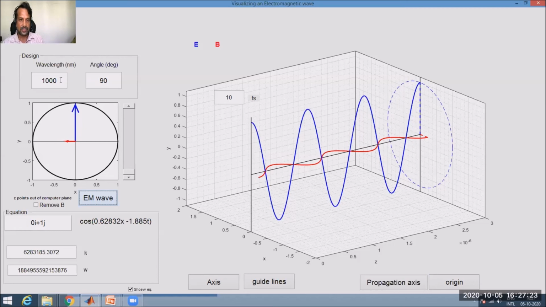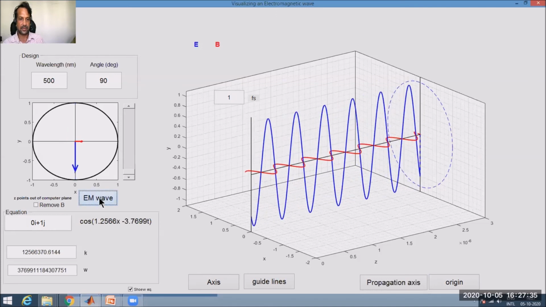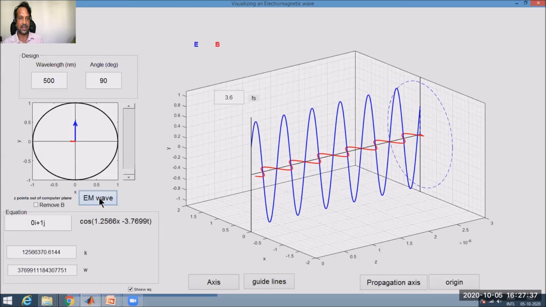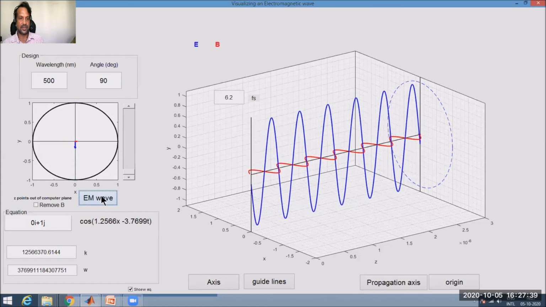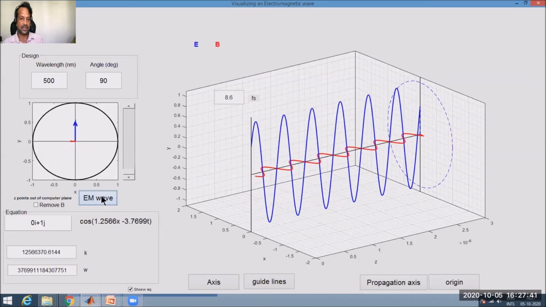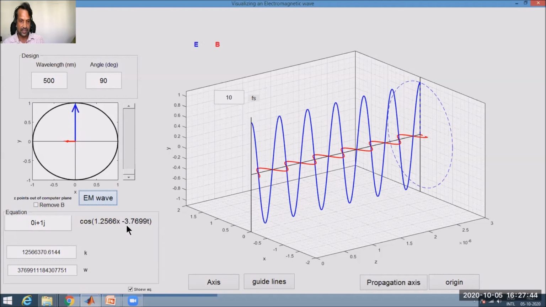Now let us change the wavelength, and let us keep the angle the same and observe the rate of change of the electric and magnetic field vectors. Now you can clearly see the electric and magnetic field vectors are oscillating faster compared to the earlier simulation, and you can see the frequency has also increased.